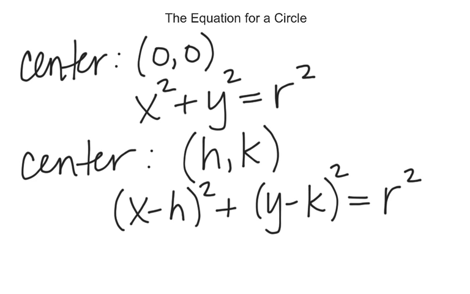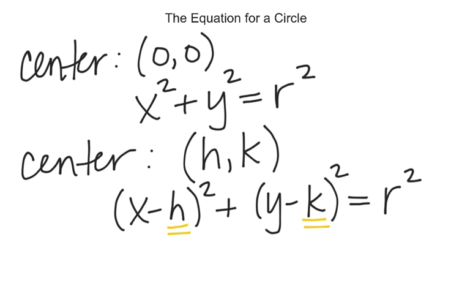They're essentially the same equation. You don't need to memorize them as two separate equations. It just depends on whether the center is at 0, 0 or your center is at hk. But you can see if I allow h to be 0 and k to be 0, then I have the original equation, x squared plus y squared equals r squared.